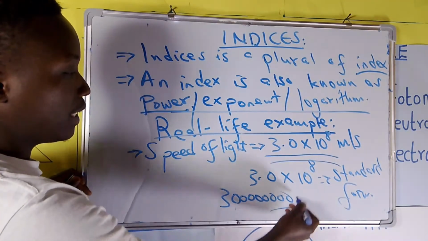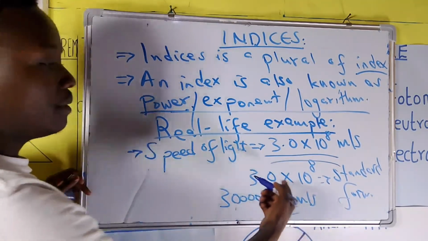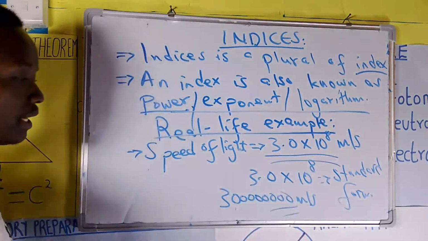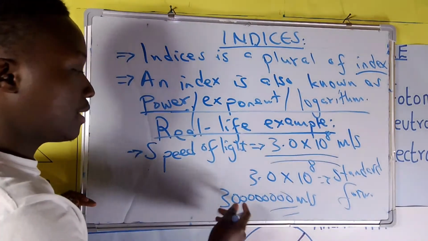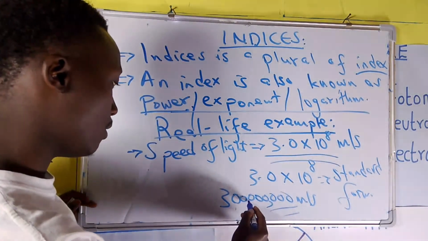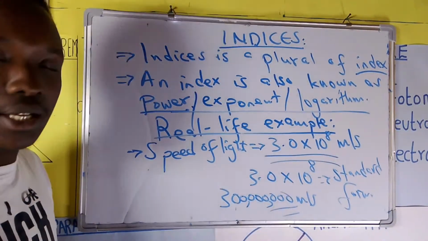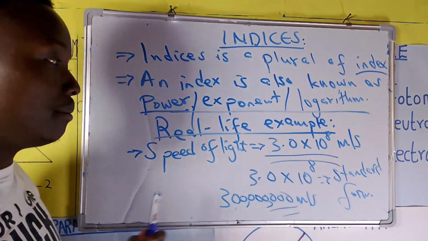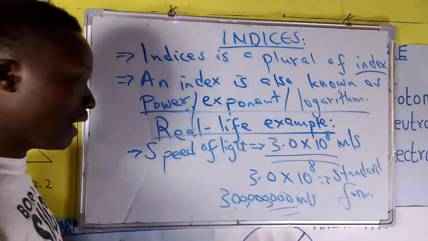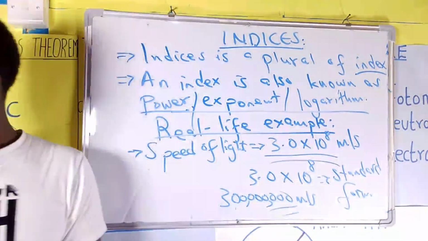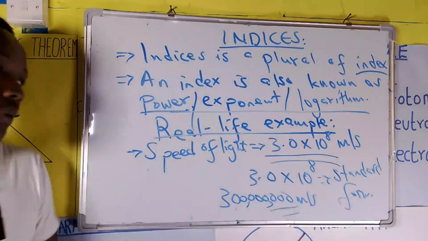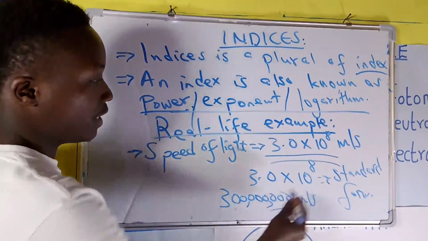So it's easier writing this number as 3.0 times 10 to power 8 than writing it as 300 million meters per second. So when we are dealing with numbers, we will learn that powers are very important.